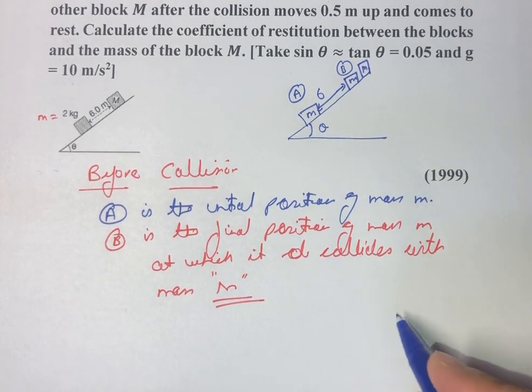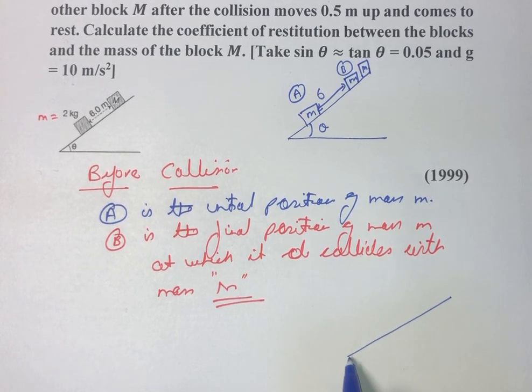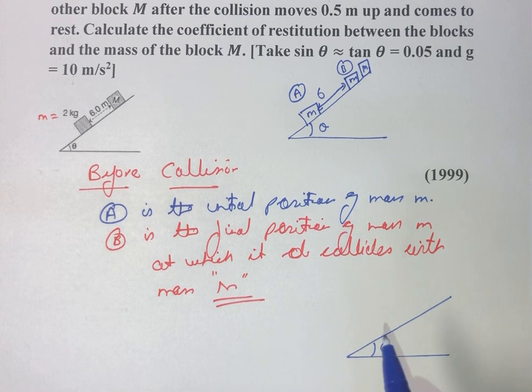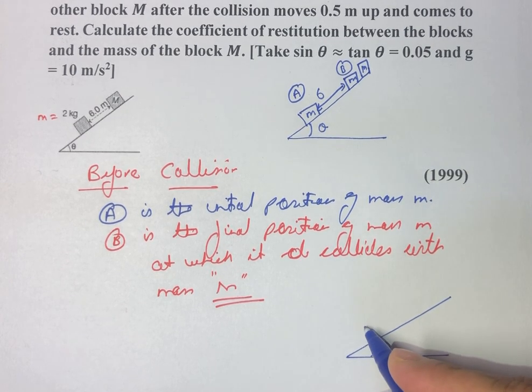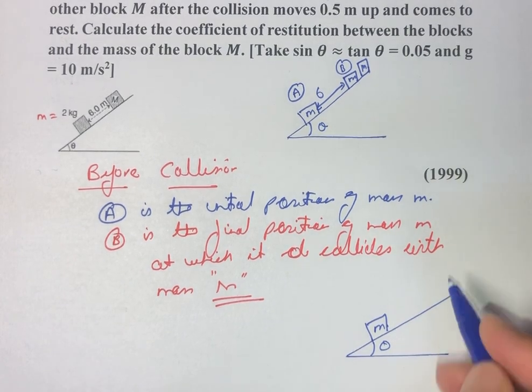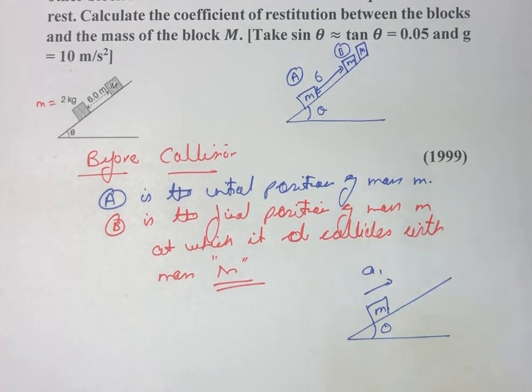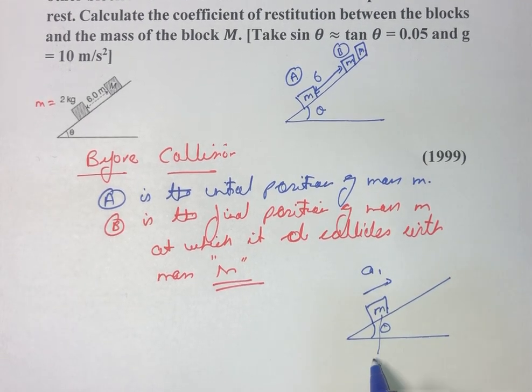This is mass small m. It is moving up the inclined plane with the acceleration of a1, and we have mg vertically downward.